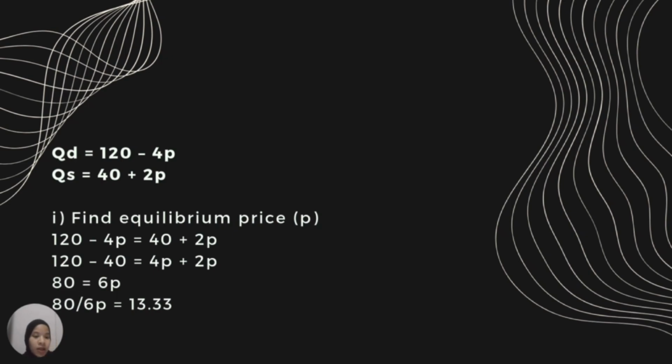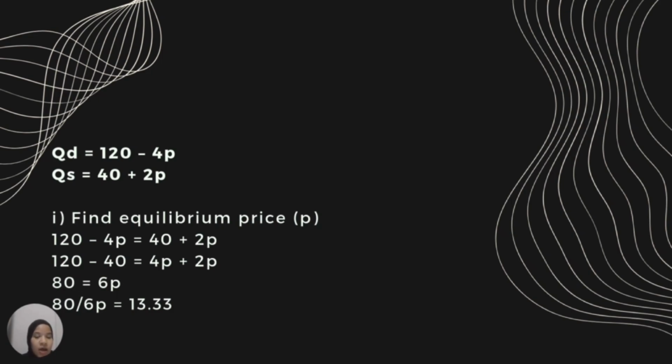So first, find the equilibrium price, P. 120 minus 4P equals 40 plus 2P. So 120 minus 40 equals 4P plus 2P.